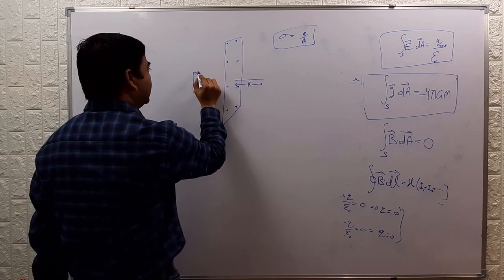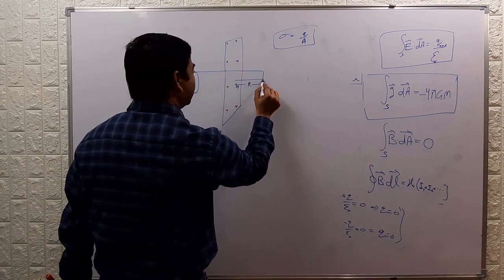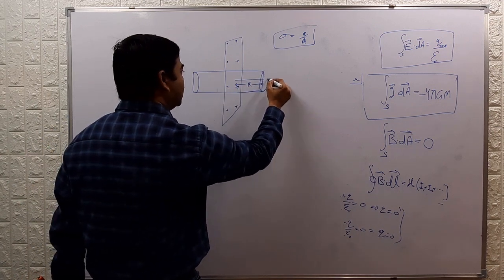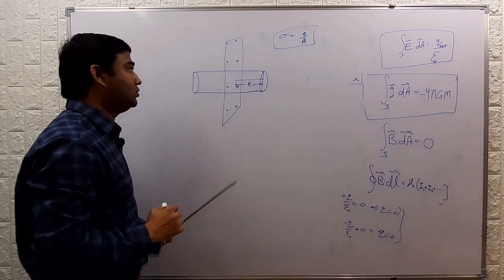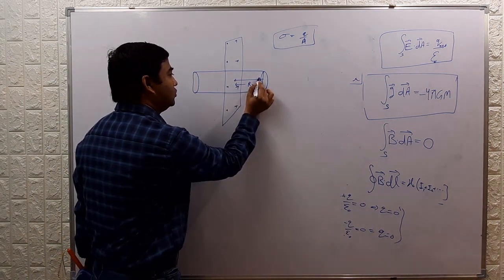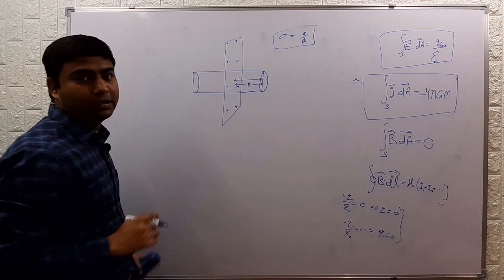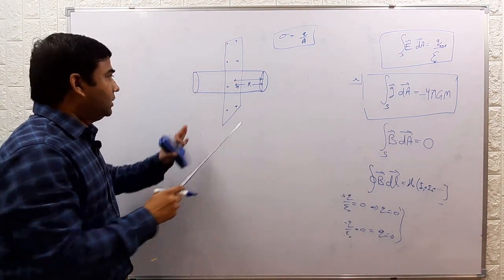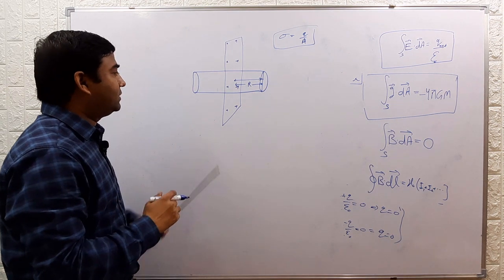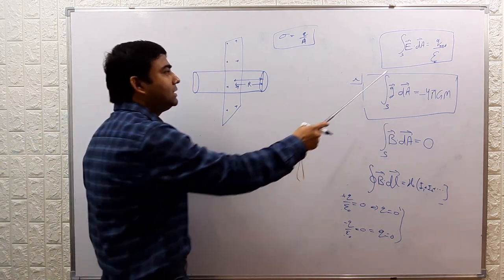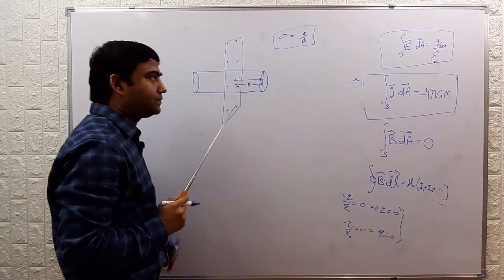Unlike the linear charge distribution problem which we solved earlier, where we selected a vertical cylinder, here you can choose a horizontal cylinder. This horizontal cylindrical Gaussian surface will give you an easy calculation for flux.